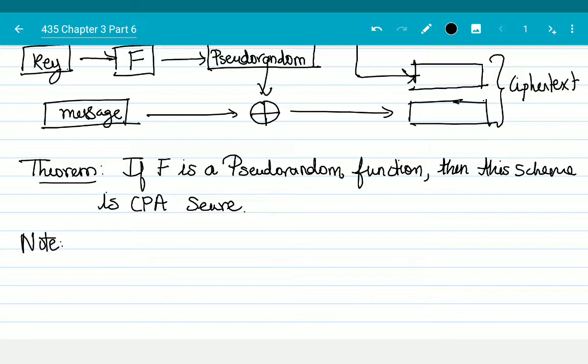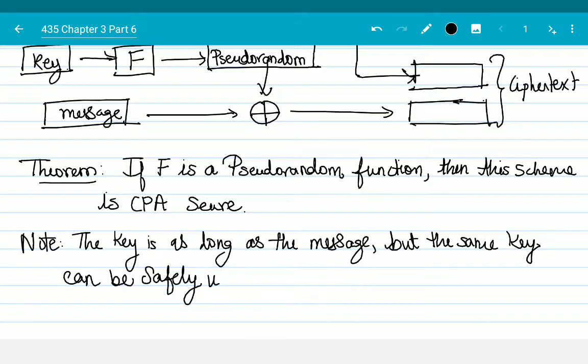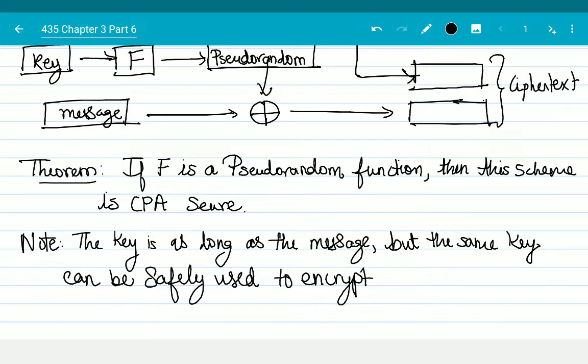Note here again, the key has to be as long as the message. But the same key can be safely used to encrypt multiple messages.